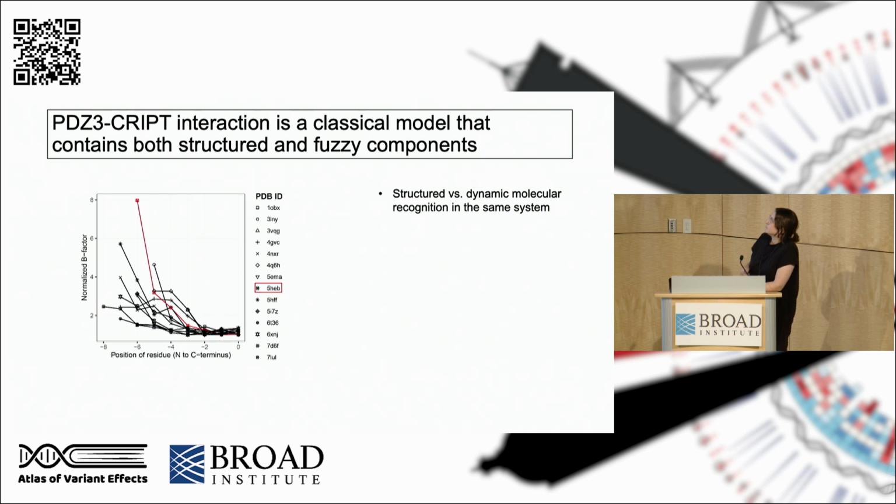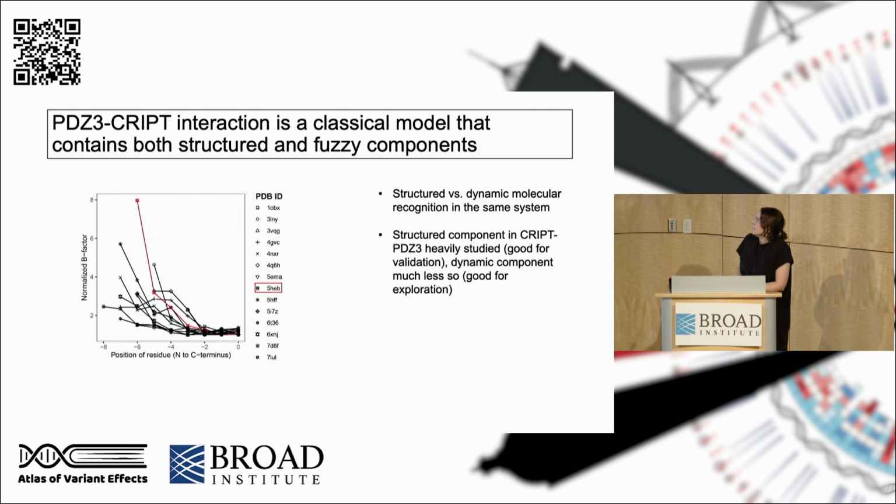So again, this is a cool system because we have both the structured and the dynamic binding in the same system, so it's well controlled. And the structured component is very heavily studied, so we have a lot of data to compare ours to. But the dynamic component is much less well studied, so it's very interesting.